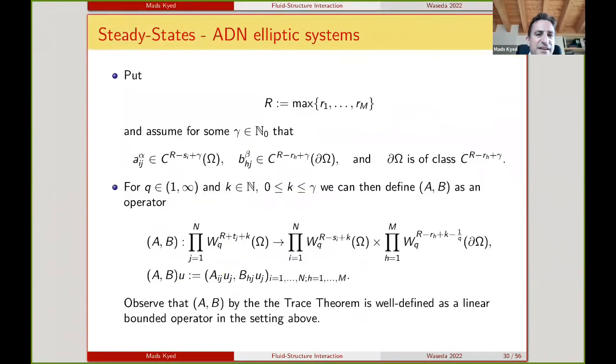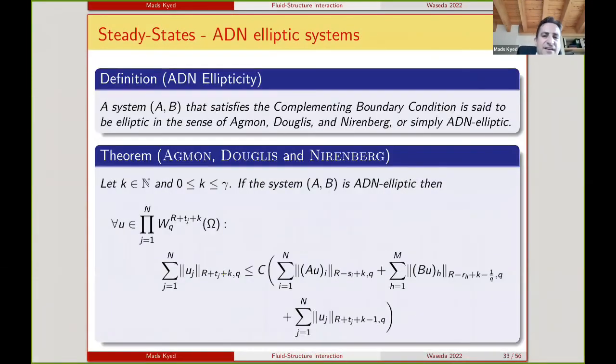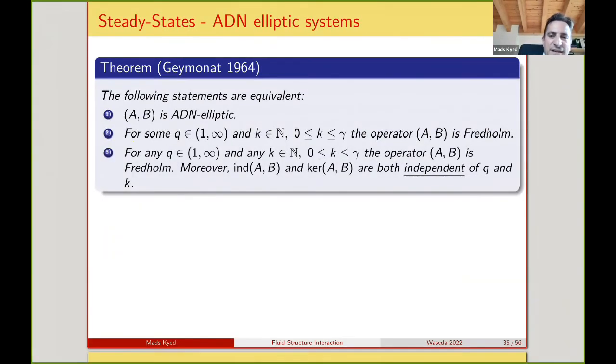Here it is. So I know that my Lamé operator in the case q equals 2 is Fredholm of index 0. The Gamuna theorem here says that the operator is Fredholm in any Lq setting, and the index and the kernel are independent of q. This is also important.